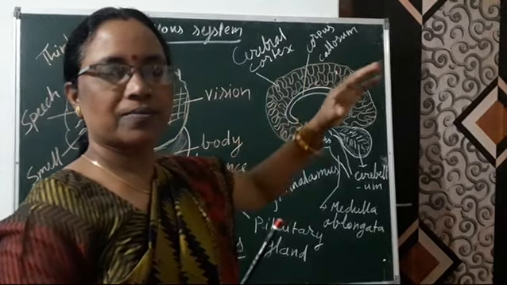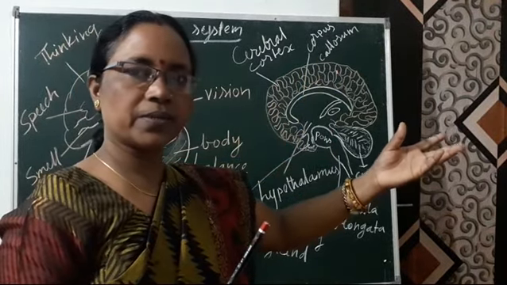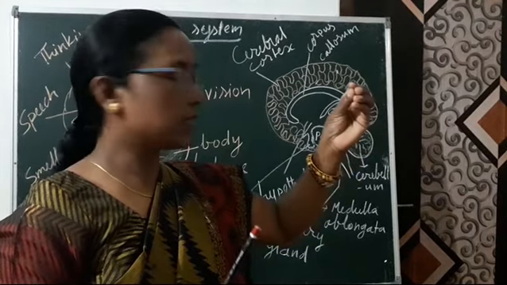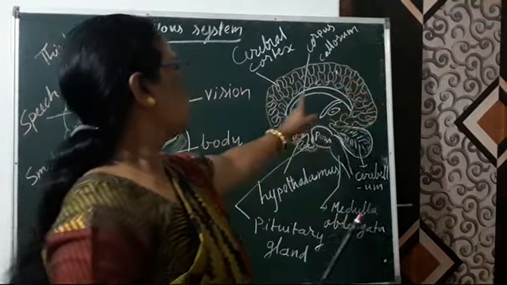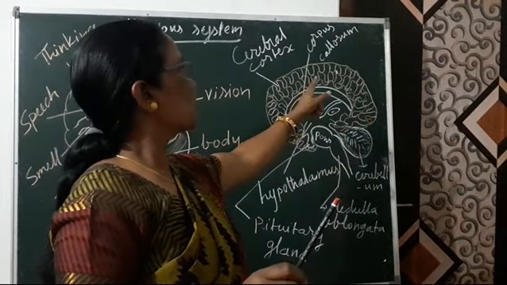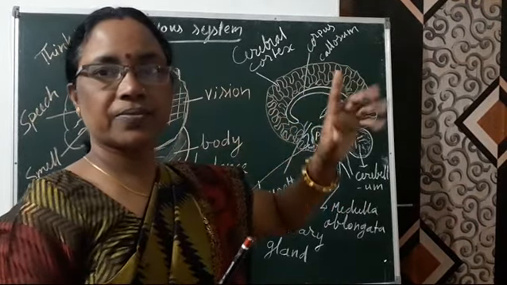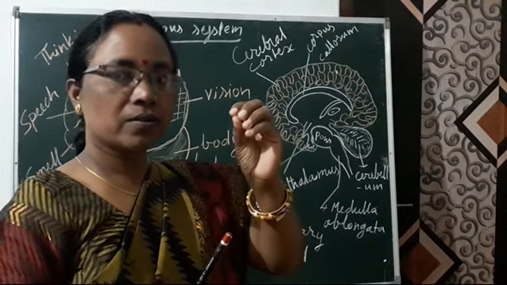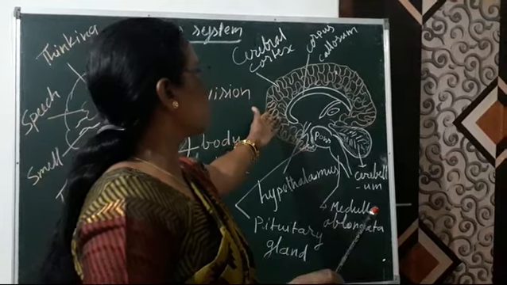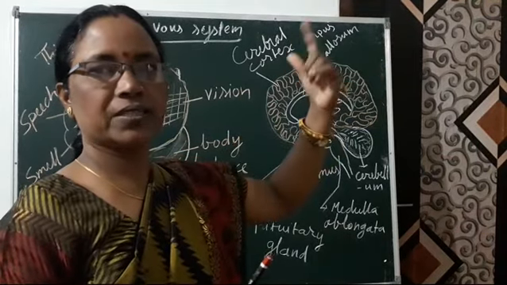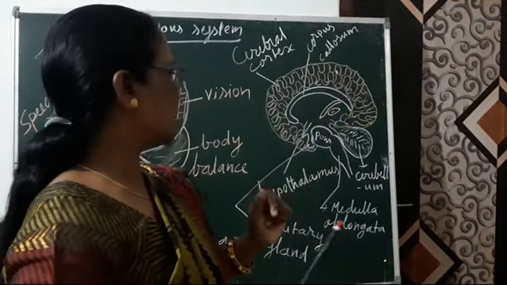You cannot write just from one hemisphere to another hemisphere. Never write that, because you have to mention the part of the brain. The corpus callosum transfers the information from one cerebral hemisphere to another. You have to mention that cerebral hemisphere.